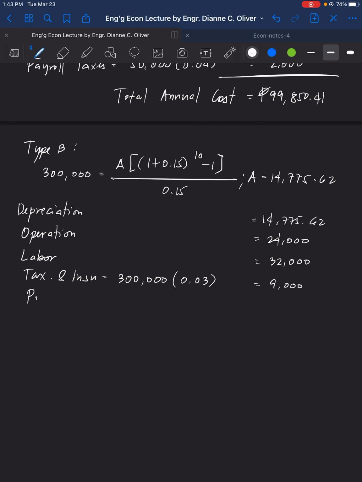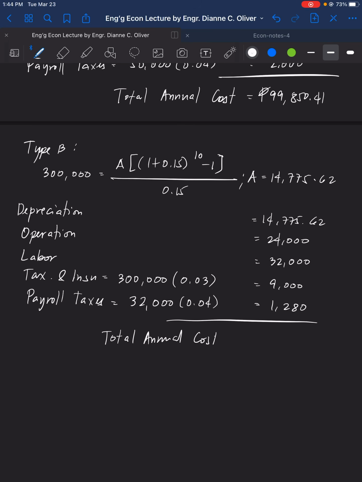Then we have the payroll taxes, equal to 32,000 for the labor cost multiplied by 0.04, that is equal to 1,280. So the total annual cost is 81,055.62.